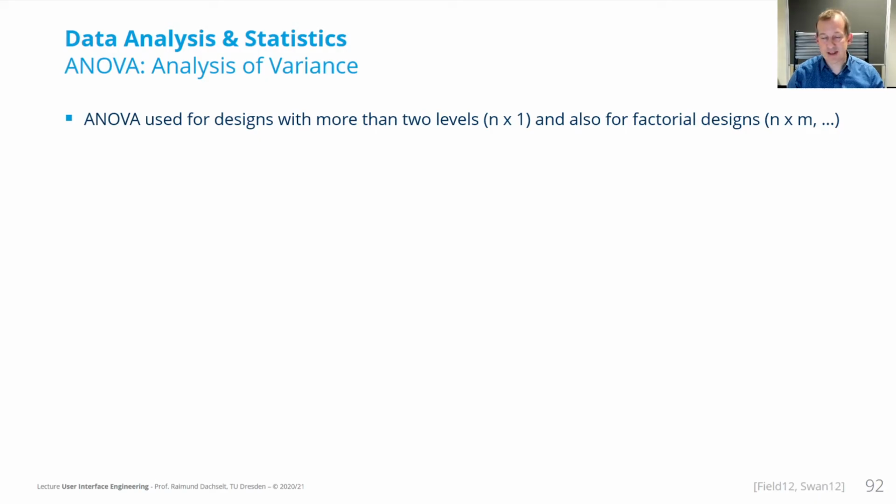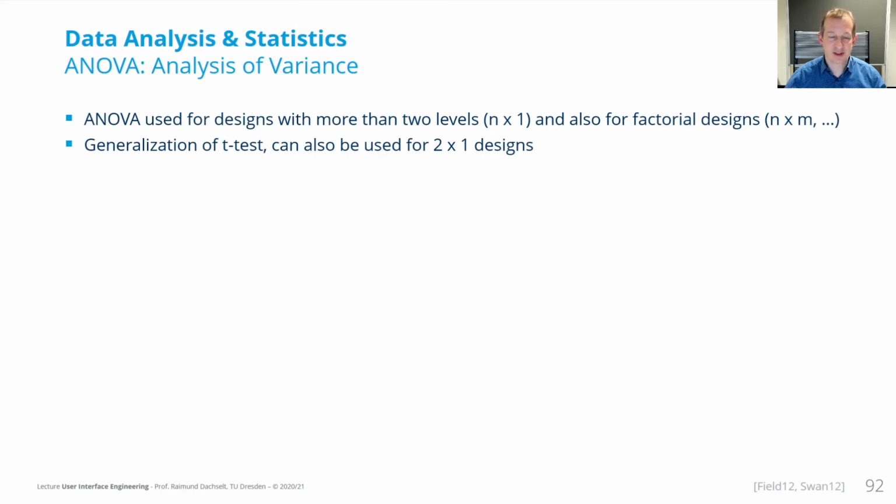Say you would like to test maybe two different or three different device designs, like three different mice, and on maybe three or two different screen sizes. That would be the second independent variable. And maybe you would even consider gender to be another independent variable. Then you would have three independent variables to test, so you couldn't use a t-test for that.